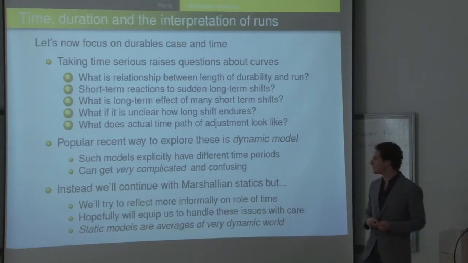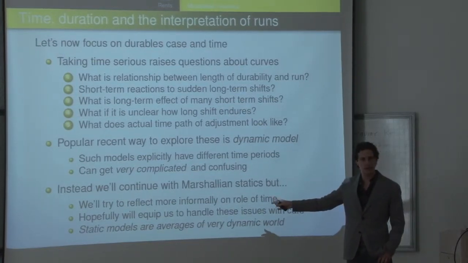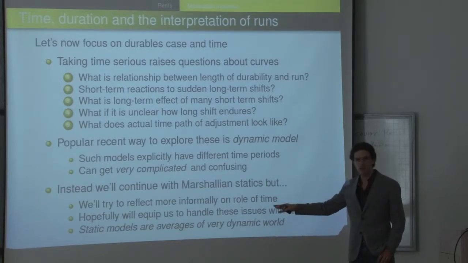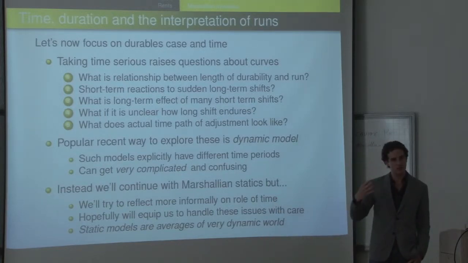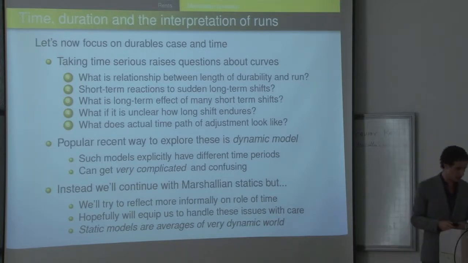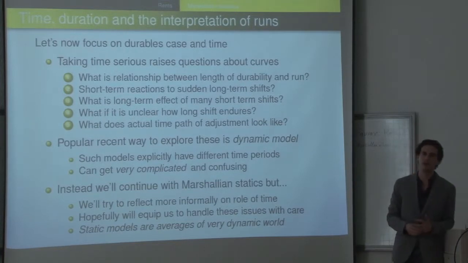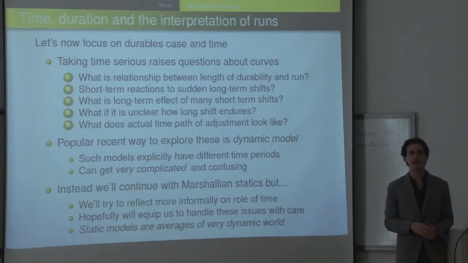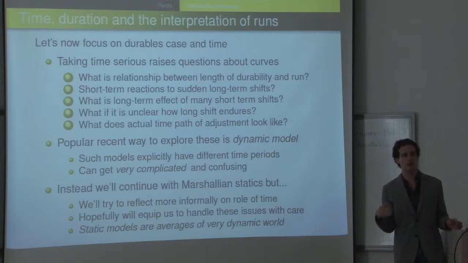And the key principle is going to be that all the static models we talk about are averages of things that are going on in this more dynamic world we live in. Now, Alfred Marshall's justification for this, I don't think I have it here. There's a very beautiful quote by him that you can look up in a recent paper by Peter Diamond, where he says that time is one of the many issues in economics where, because of the limited power of the human mind, we can't look at everything that goes on at the same time.